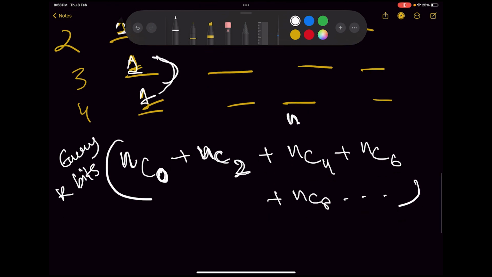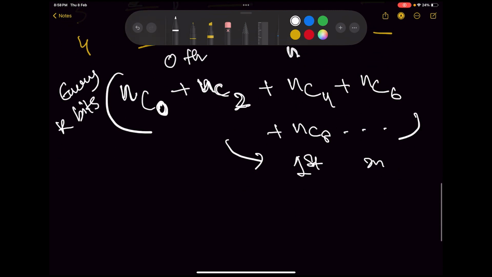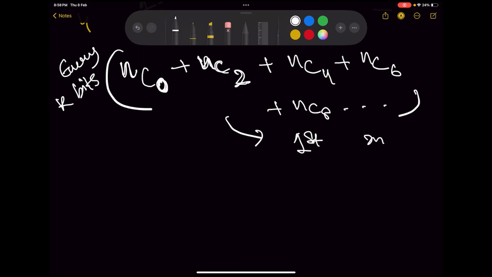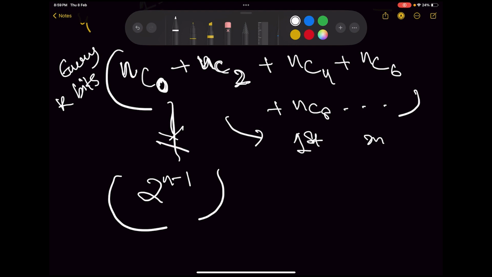Now this is for the zeroth bit, and the same would be for the first bit, second bit, and so on. The sum of nC0 and the other even terms is 2 to the power of n minus 1.